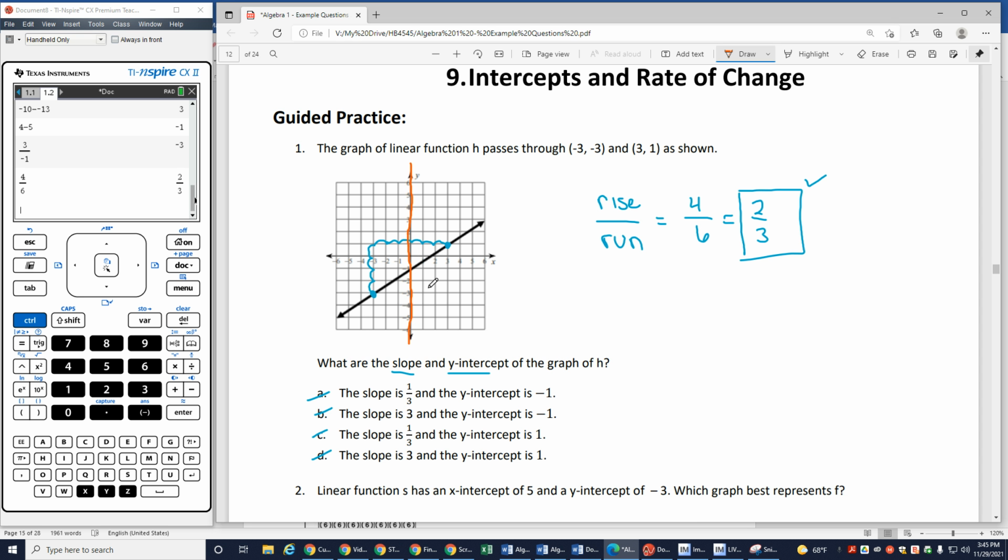Where am I crossing the y-axis? I'm crossing the y-axis right here at -1. So my y-intercept is equal to -1. So it would either be A or B if one of those had a correct slope. But on this one, there's technically no answer. None of the above work.